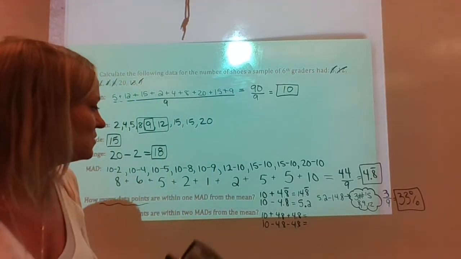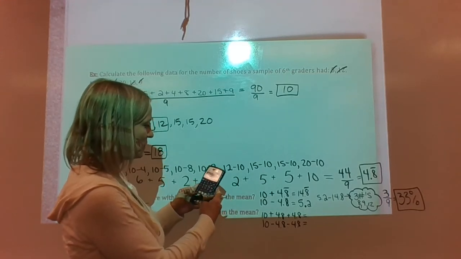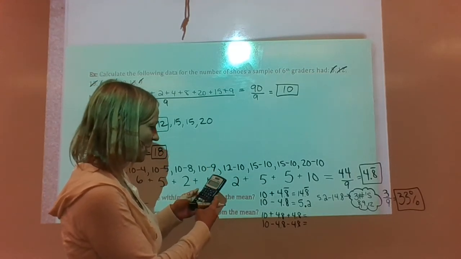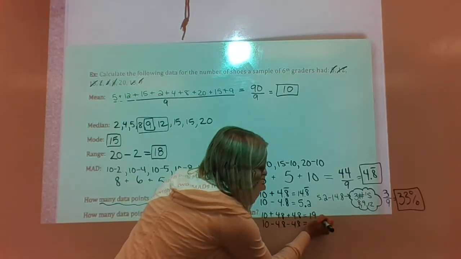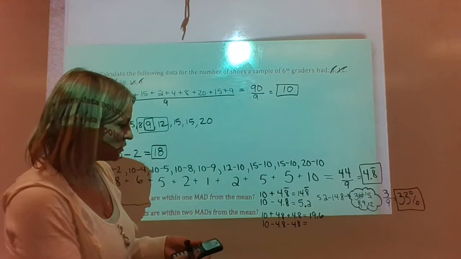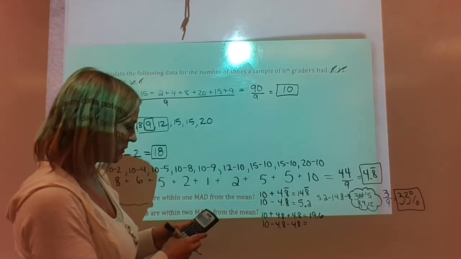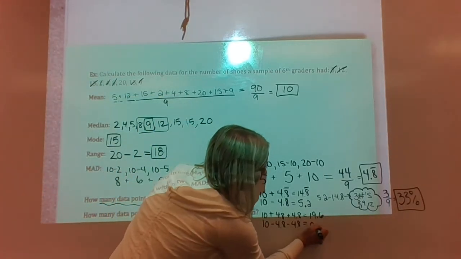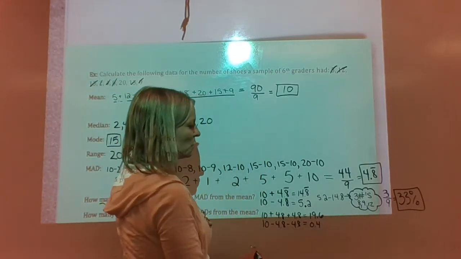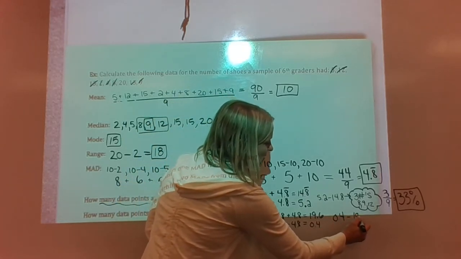Okay, so if I do 10 plus 4.8 plus 4.8, and again I'm rounding that, it's 19.6 roughly, the high point of my range. And then when I subtract it twice, 10 minus 4.8 minus 4.8, I get 0.4. So my range of numbers would be between 0.4 up to 19.6.